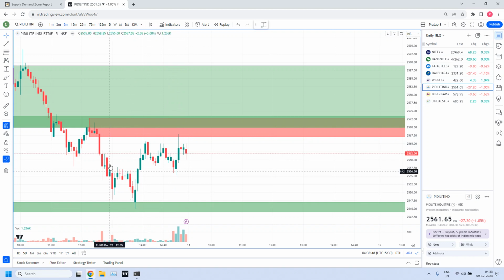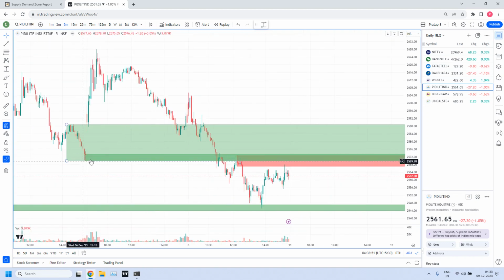How much loss would you have got if you had taken the earlier trade? You would have got a 487.50 rupees loss. If you deduct that from your 5,000, you would still have got a profit of about 4,600 rupees.